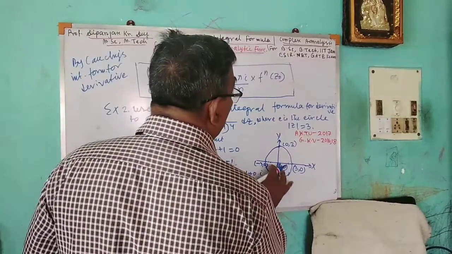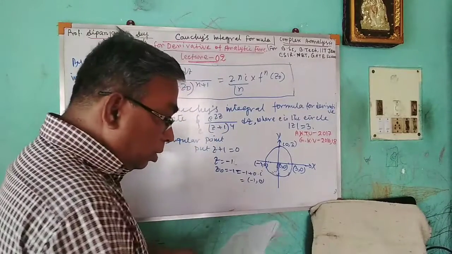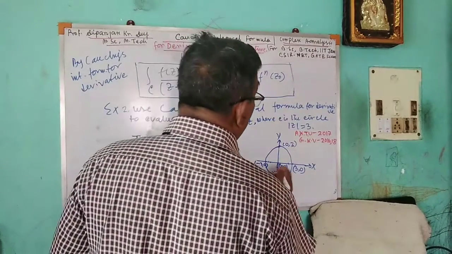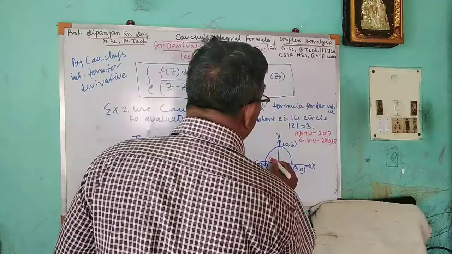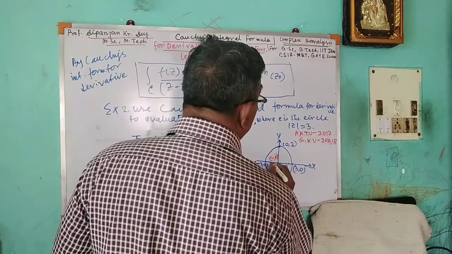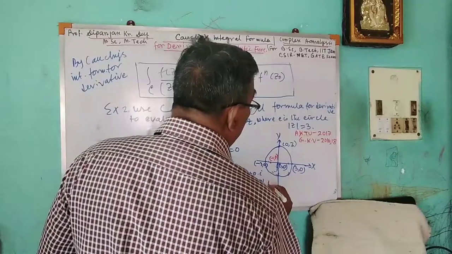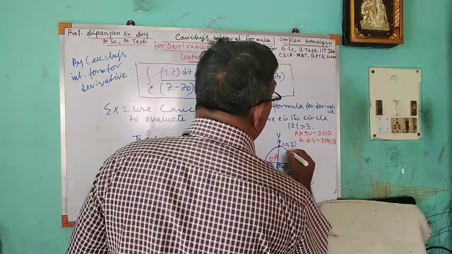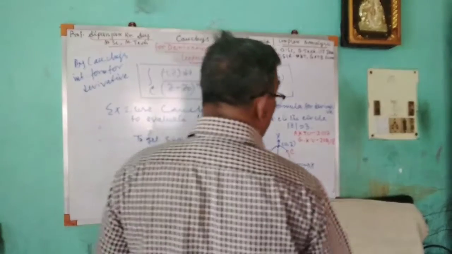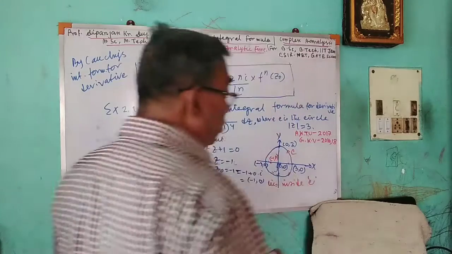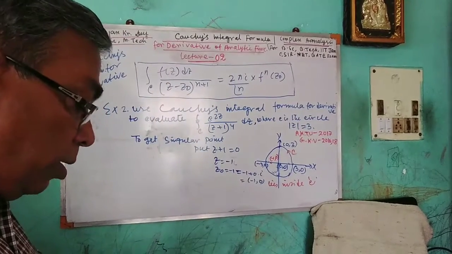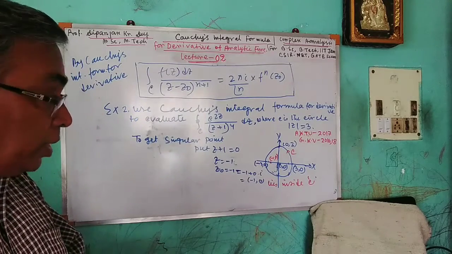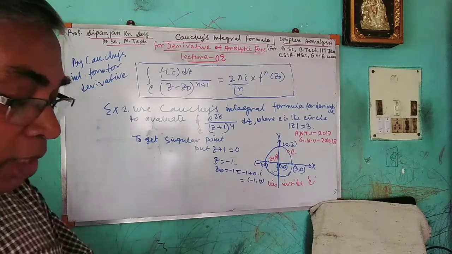This point lies inside the circle, inside the closed curve C. That is, Z0 equal to minus 1 is inside the closed curve C.